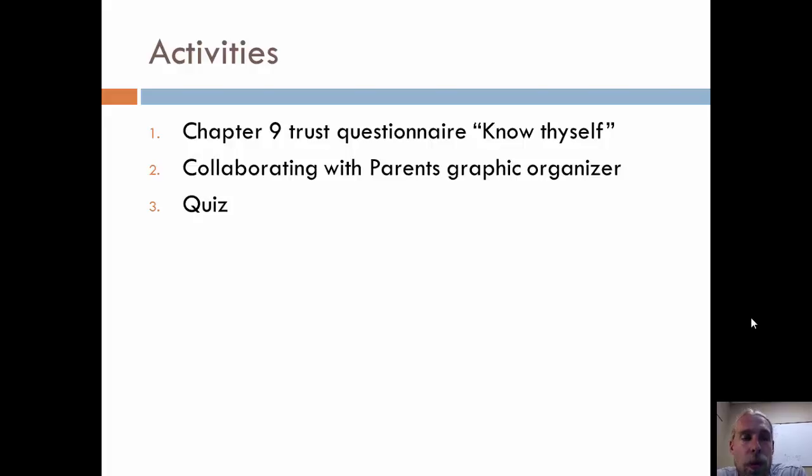So to wrap up here, it's very important that we know ourselves. We don't just hypothetically think that we know ourselves, but we actually take the time to listen to ourselves. And so in chapter 9, although it wasn't required reading, there is a really short trust questionnaire. You don't have to turn it in.